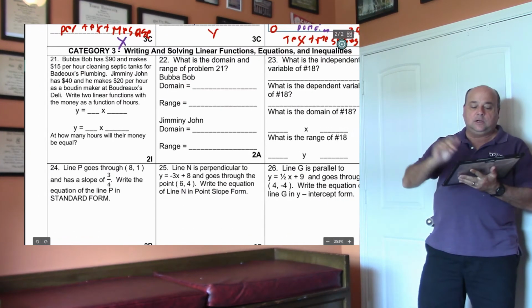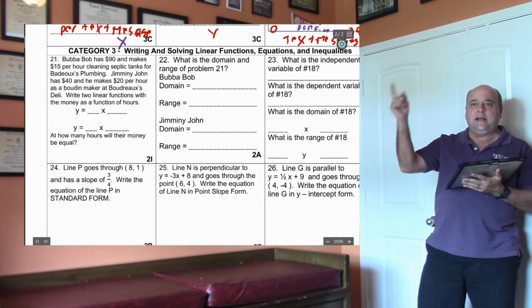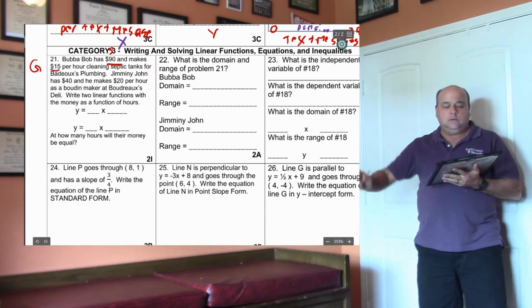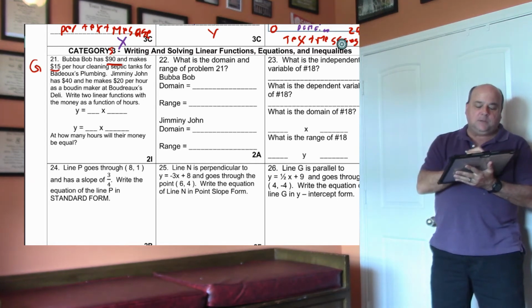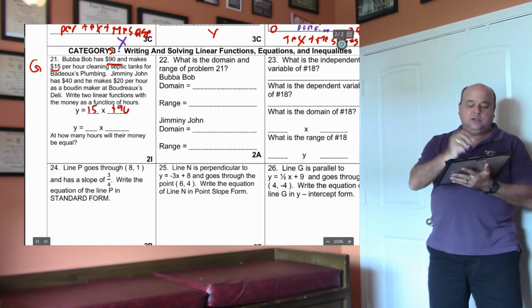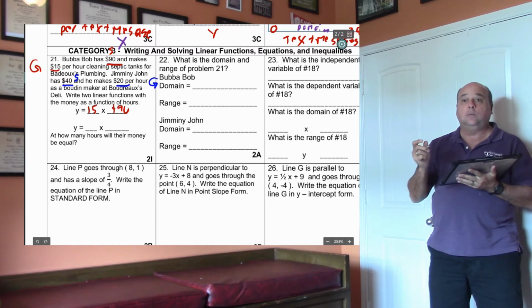Okay, now let's look at number 21. Number 21, we're going to write down two mx plus b's. This would be our starting number, this would be our growing number. Bubba Bob is making $15 per hour and he has $90. Jimmy John, this would be Jimmy John's starting number and this would be Jimmy John's growing number, wouldn't it?